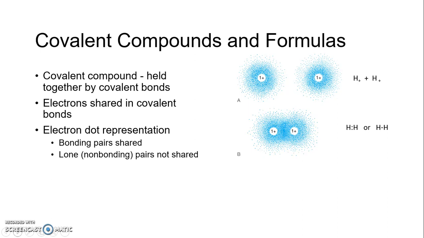So here's an image of what a covalent bond might look like. In the top figure, we have two hydrogen atoms. The nucleus is positively charged, +1, because the nucleus is one proton. Then you have the blue region, which is the electron cloud around each hydrogen.